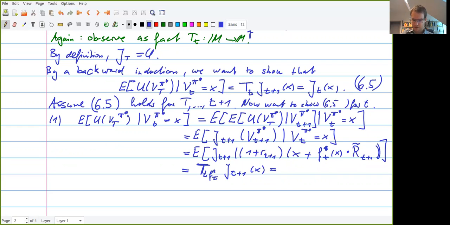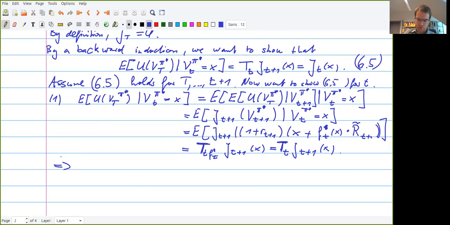And since this is the maximizer in this one period, we know this is nothing else than T_t of J_{t+1}(X). Right.